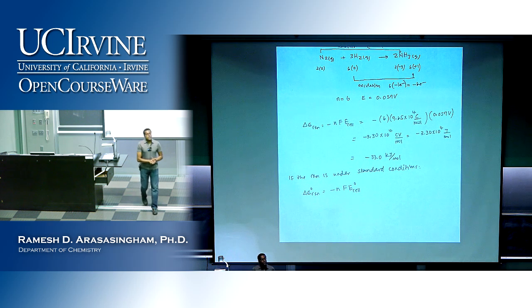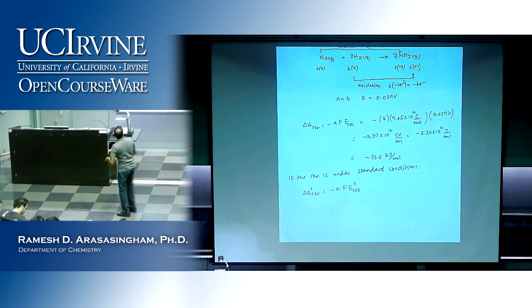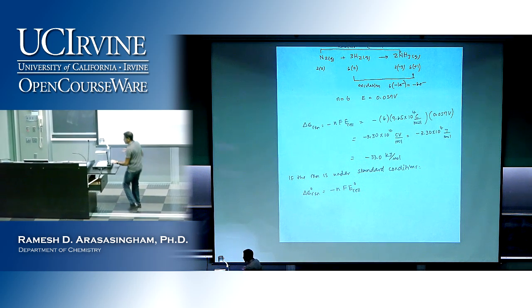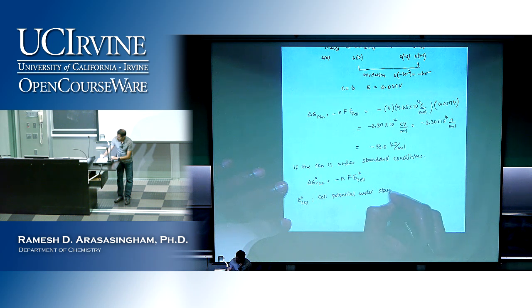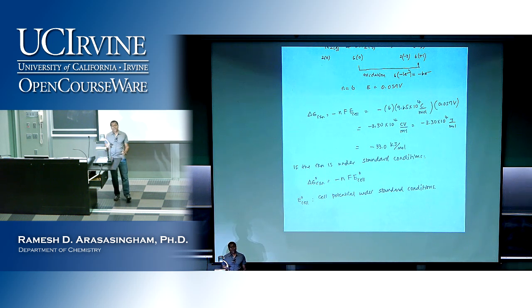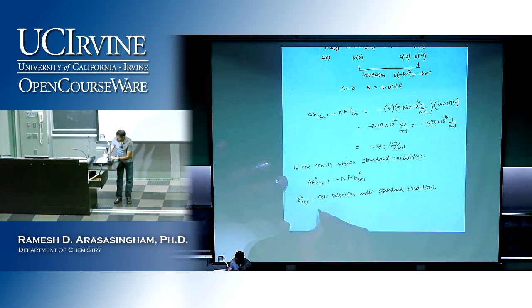So if the reaction is taking place under standard conditions, then we would write it in this form, where E nod cell is the cell potential under standard conditions. And when we say standard conditions for galvanic cells, it means that all reactants and products are under standard conditions.